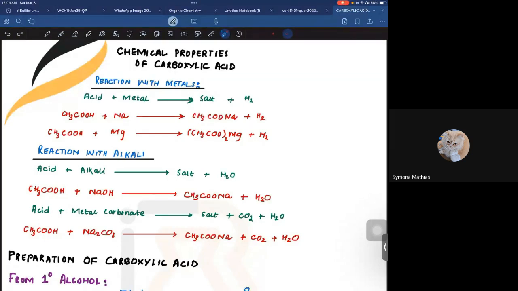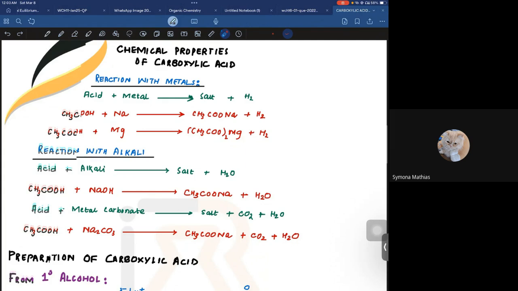I told you that it's a weak acid, so it needs some particular reagents. तो ऐसा नहीं है कि we are going to have any unreactive metal or unreactive thing, so फिर ये reaction नहीं करेगा. तो इसलिए I'm taking the group 1 metals since they are the more reactive metals, right? Then we have the formation of carboxylic acid, like the preparation of carboxylic acid.